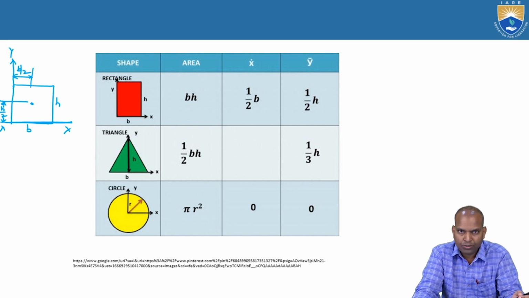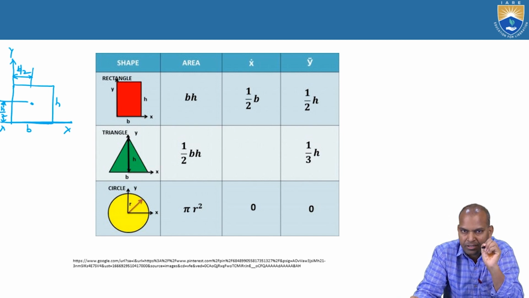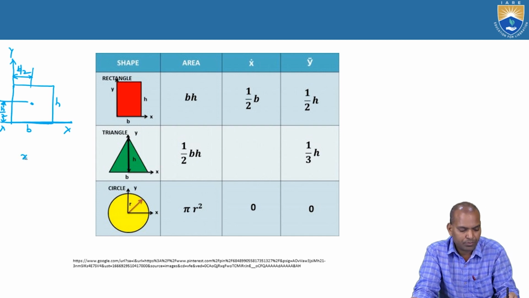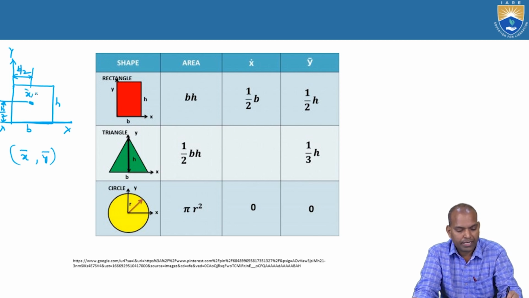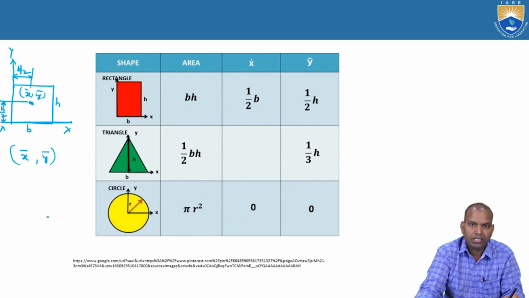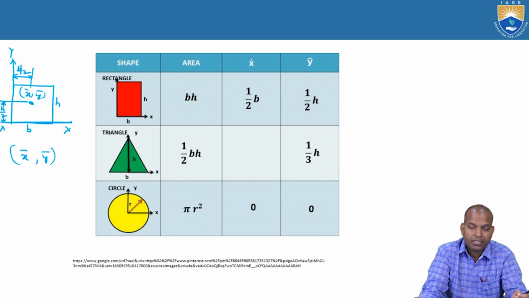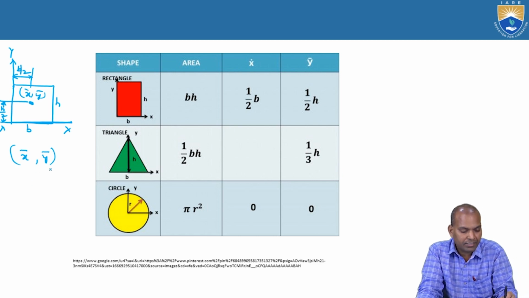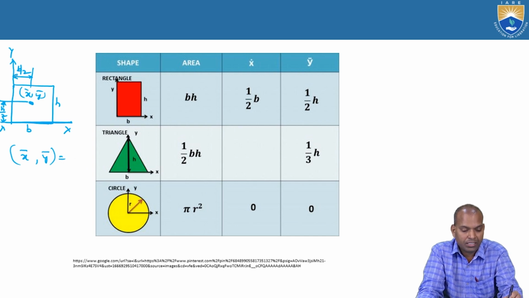So, two coordinates are required in order to find out the point of a plane figure. That is bar X and bar Y. These coordinates, bar X and bar Y, represent the location of the centroid of a body. What is bar X here? It is the centroidal position, the horizontal distance, that is B by 2.